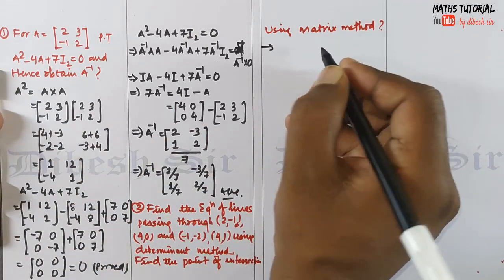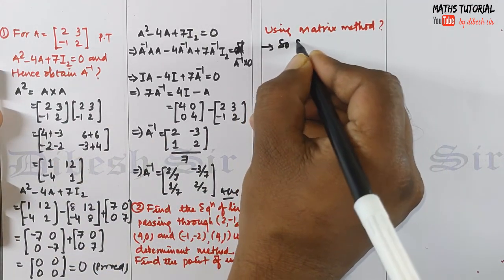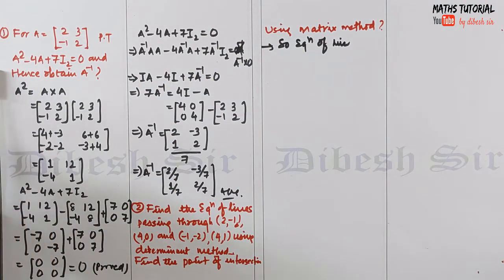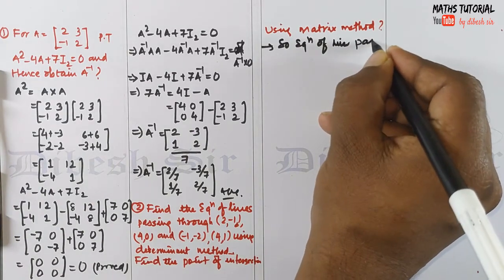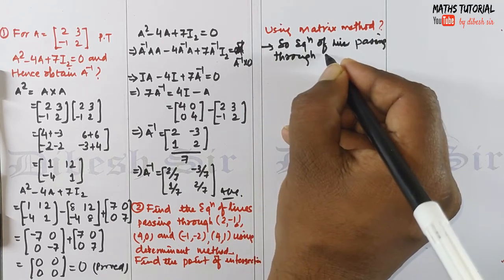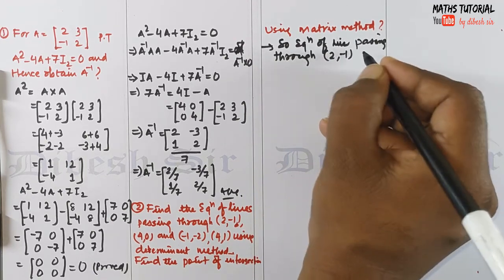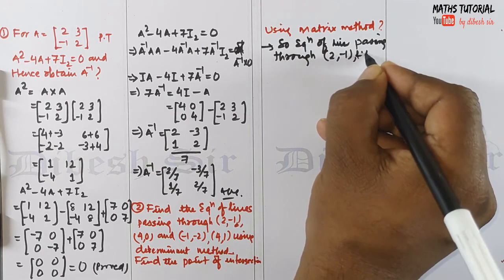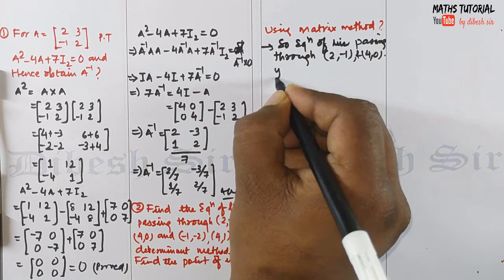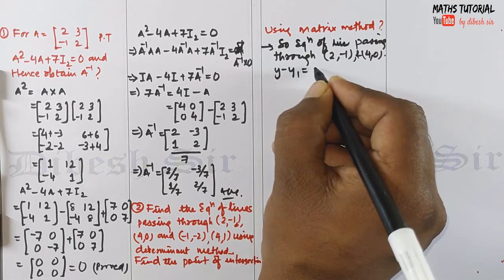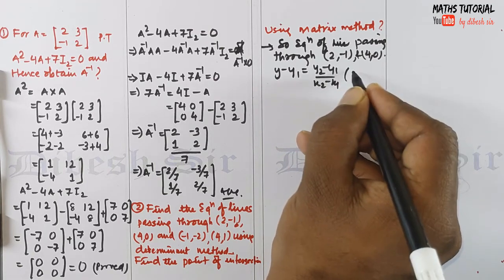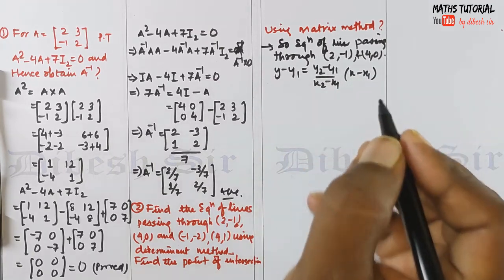So the equation of line passing through (2, -1) and (4, 0). We know that y minus y1 is equal to (y2 minus y1) by (x2 minus x1) into (x minus x1).